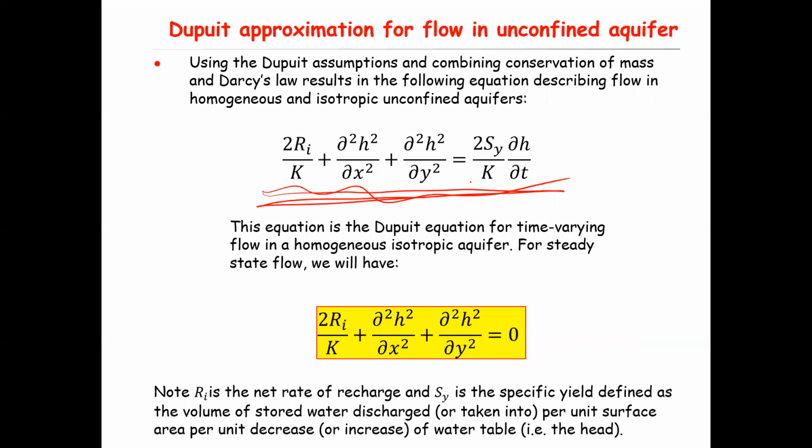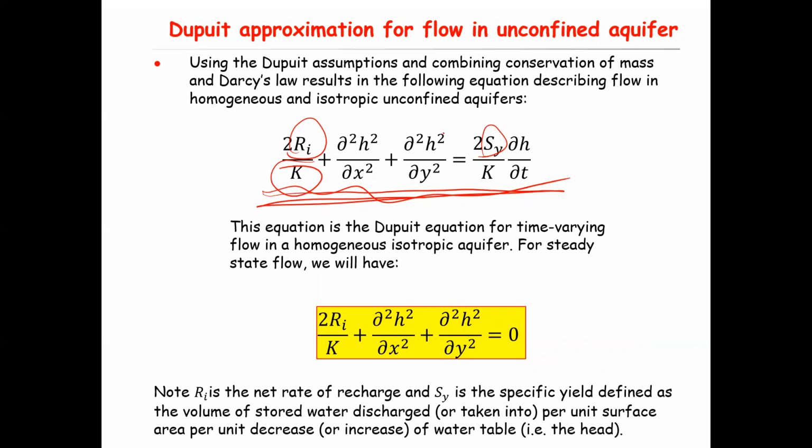In this equation, you have two new terms. The rest is the same as before: K is the permeability, the hydraulic conductivity, and H is the head, the pressure head. The new terms are Ri and Sy.